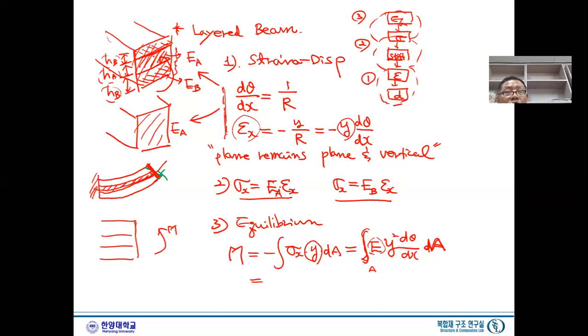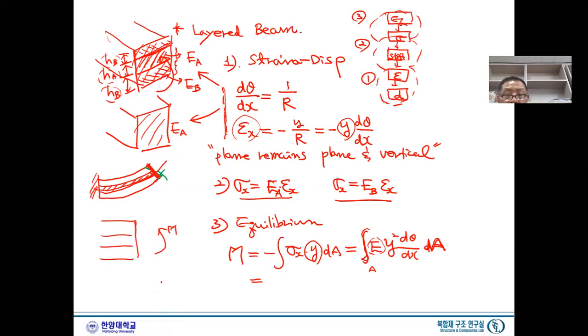We have two different materials depending on the region.